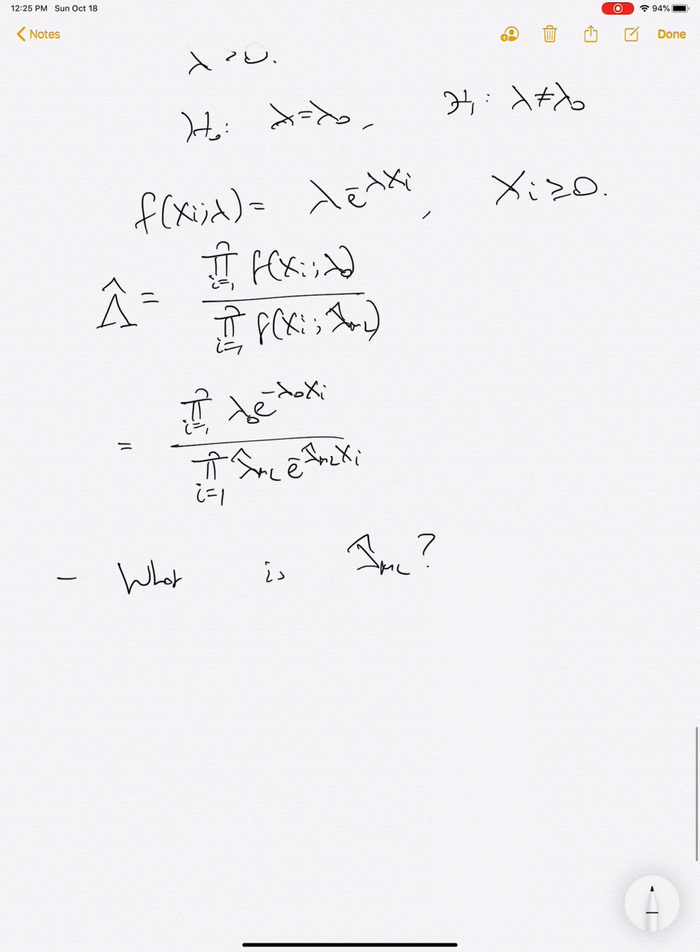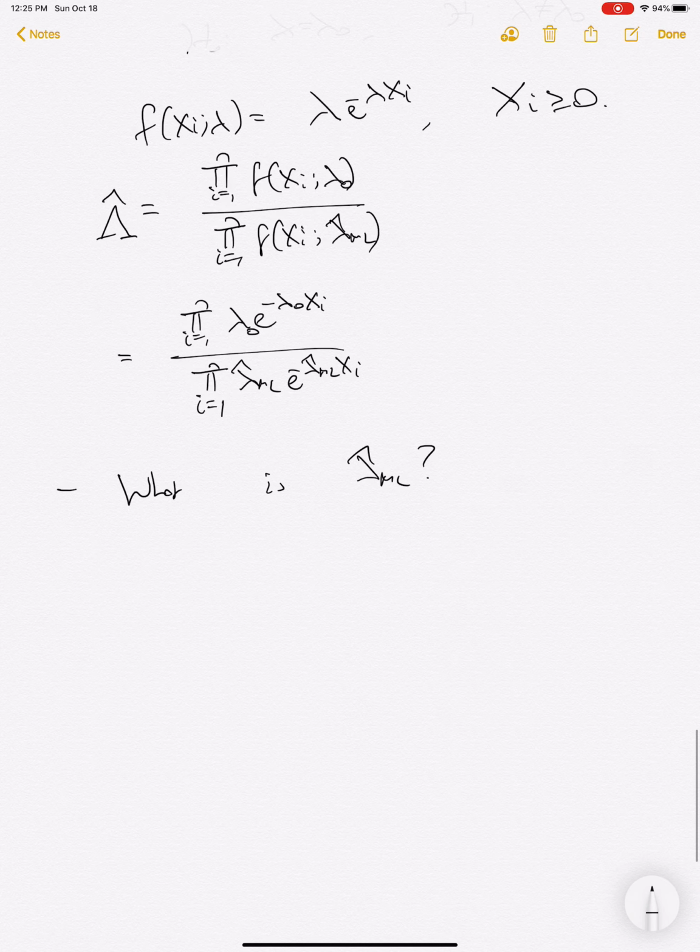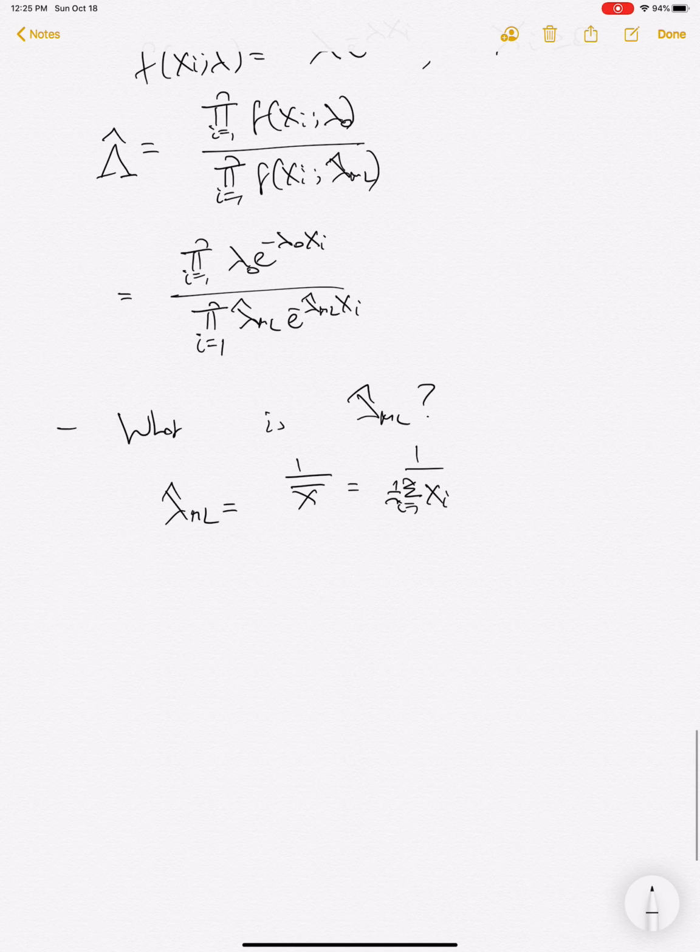And again, this is where we use the calculations that we already did from chapter 8. You can see that lambda hat ml is equal to 1 over the method of moments estimate, which is 1 over 1 over n times the summation of xi.